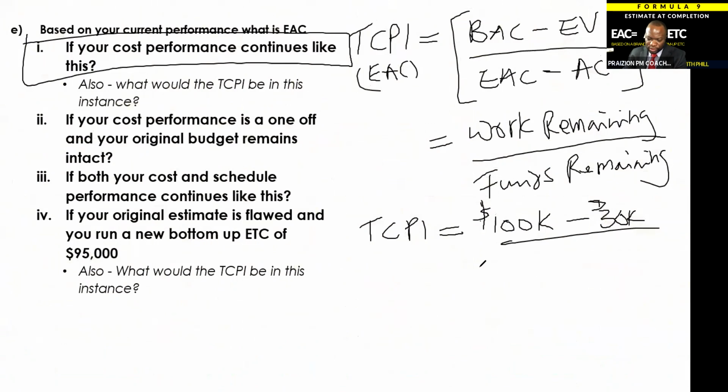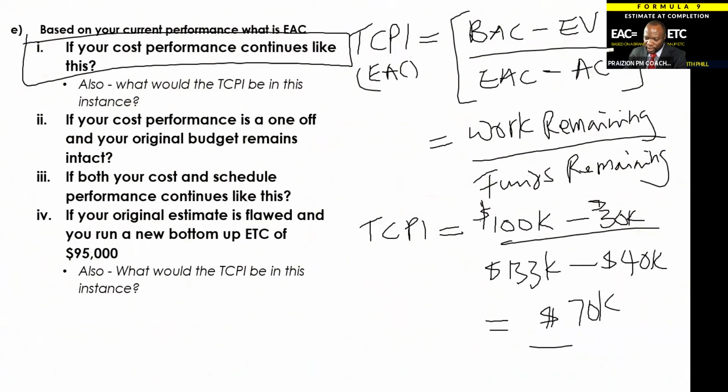So what we would do is put 133 here minus the actual cost, which was 40, and that would give us 70K divided by 93K, roughly.